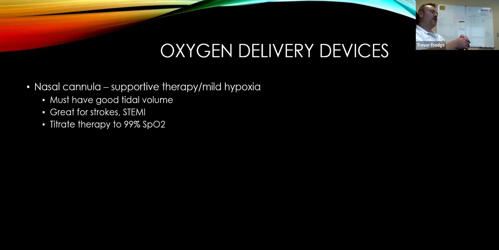So let's talk oxygen delivery devices real quick. When we look at oxygen delivery devices, we're looking at first at our nasal cannula. So the nasal cannula is supportive therapy for mild hypoxia. This means that you must have good tidal volume, meaning good chest rise and fall.